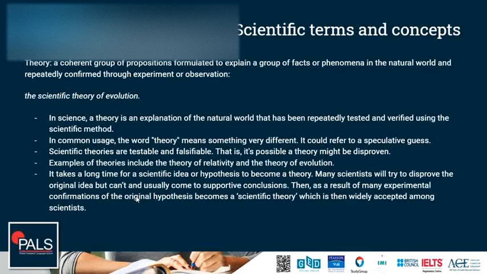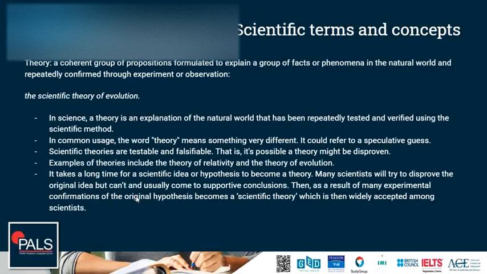So it's not that a scientist just comes up and says, okay, this is now a scientific theory. No, it's another way around. A scientist comes up with a hypothesis, an idea that is usually revolutionary, and that many scientists over many years will try to falsify, but usually can't.